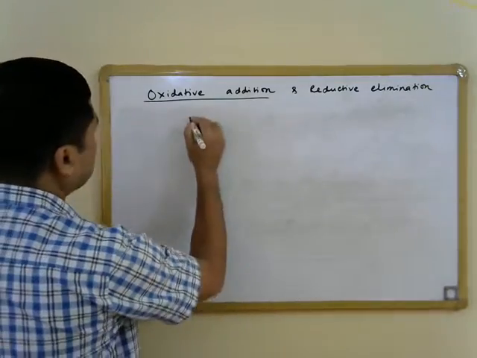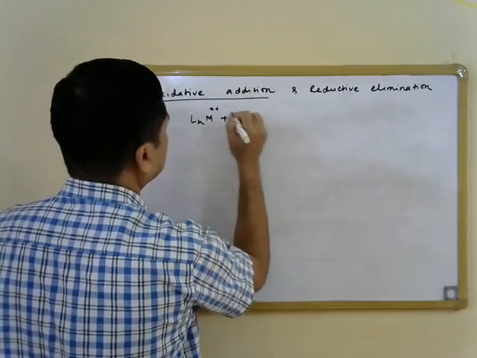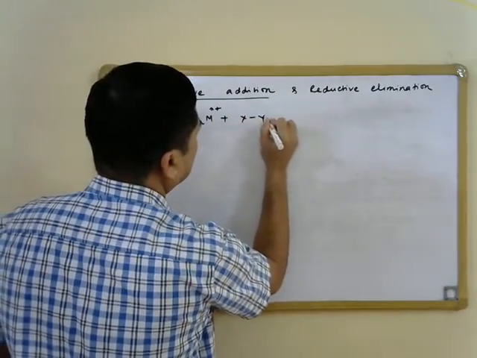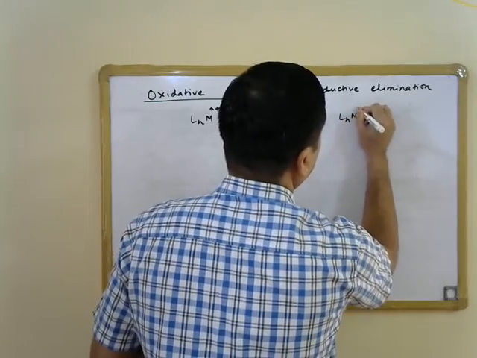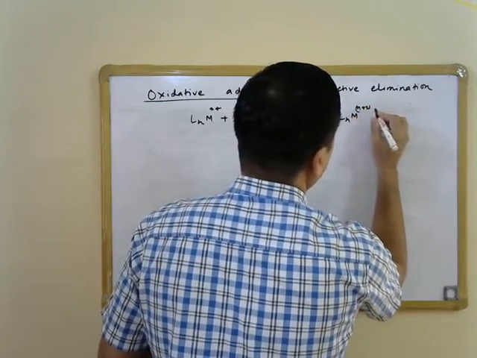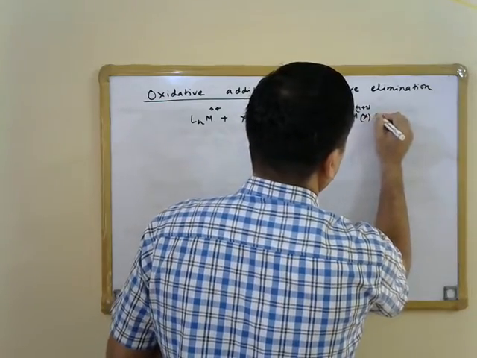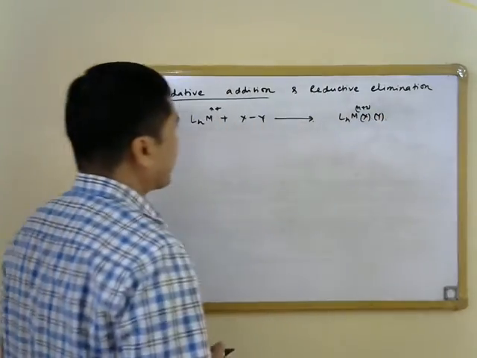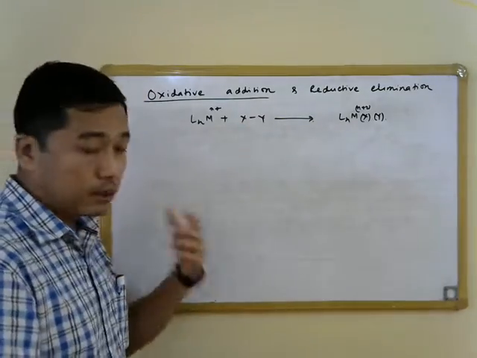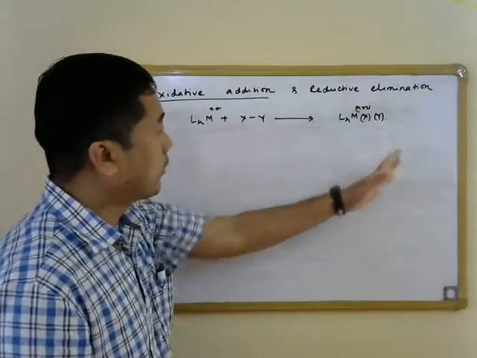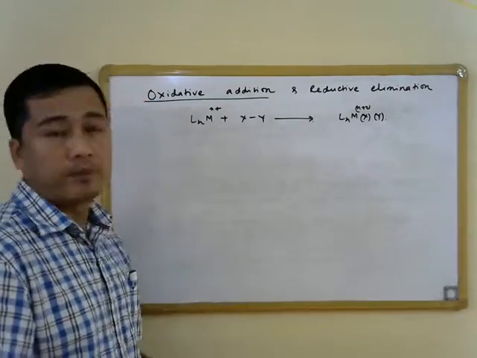So when we write LnM^n plus XY gives LnM^(n+2) with X as well as Y, the sigma bond between X and Y essentially gets ruptured, and X and Y individually as anionic ligands get attached to the metal complex.